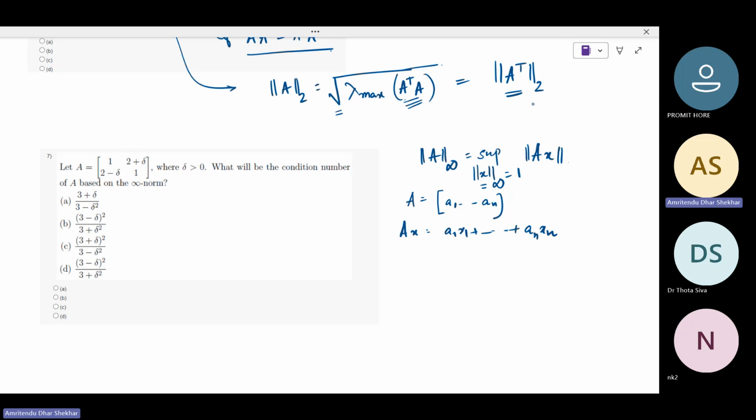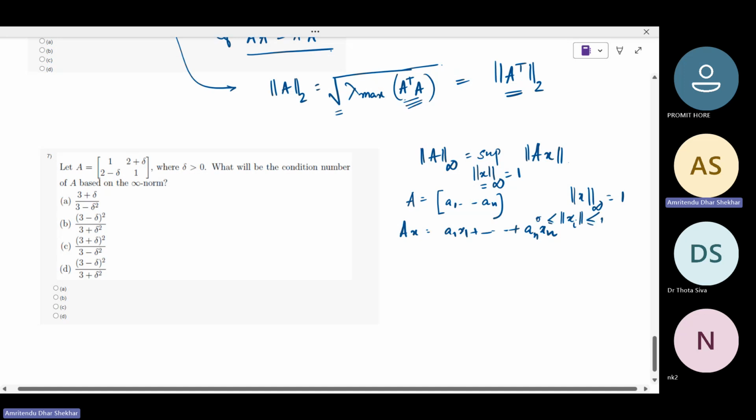Because you require the norm of x to be equal to 1, each of these xi's can vary between -1 and 1, but one of the xi's has to be equal to 1. So one of the xi's is plus or minus 1.